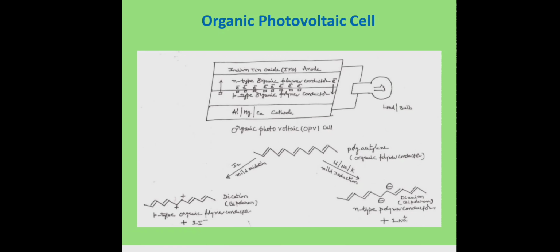The polyethylene can react with mild oxidation with I2 to form a p-type organic polymer, and the polyethylene can form mild reduction with lithium, sodium, potassium to form an n-type polymer condensation with Na+ ions.